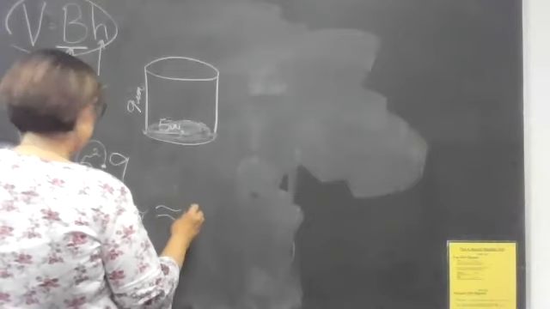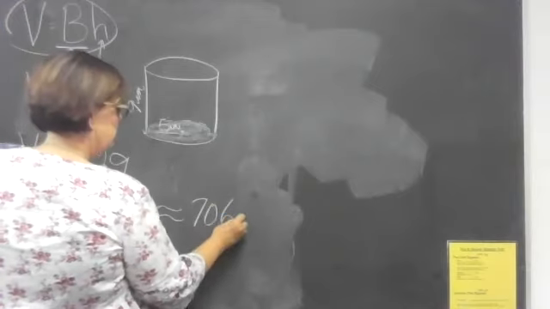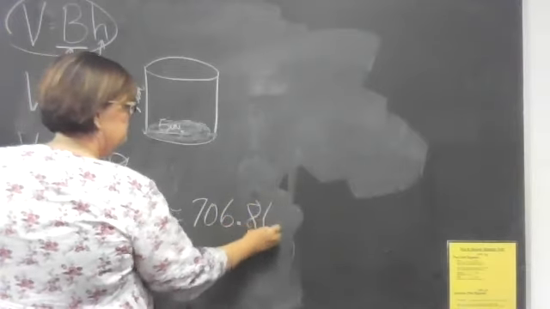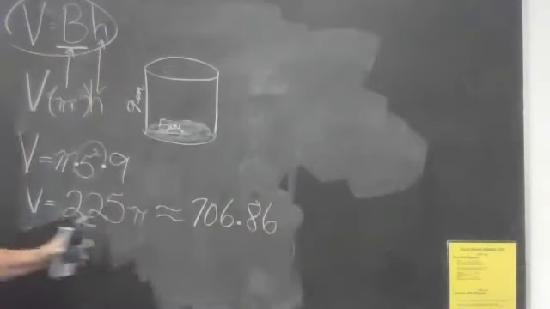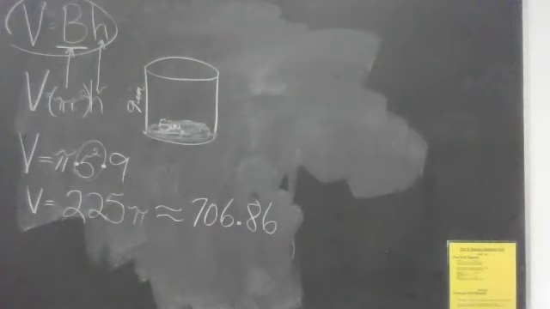Hundredth is 2 places after the decimal. So we have 706.86. Both of these answers are correct answers. All right? You just have to know which one they want. Are we good?